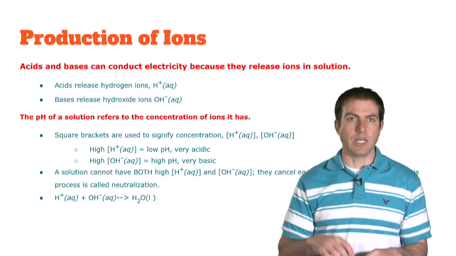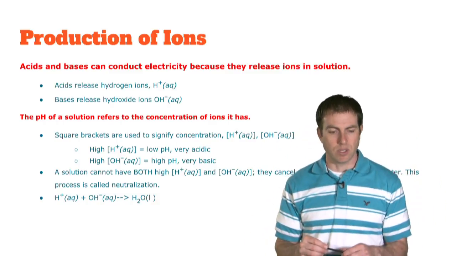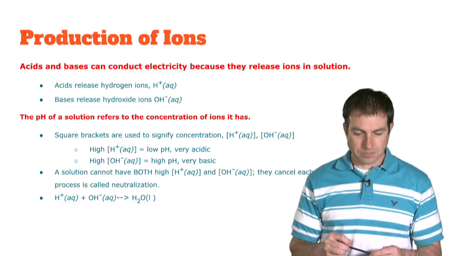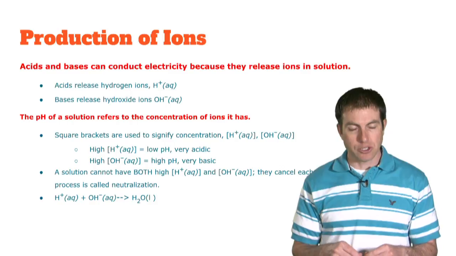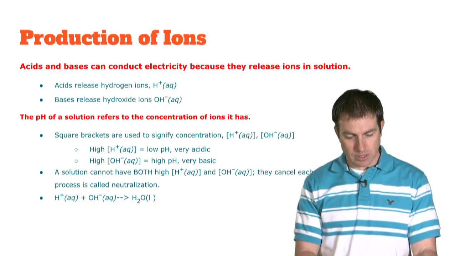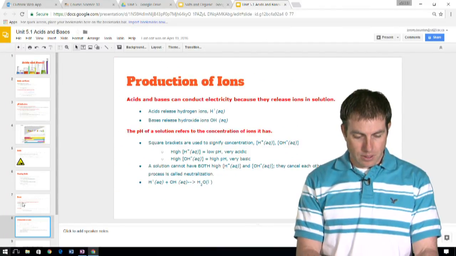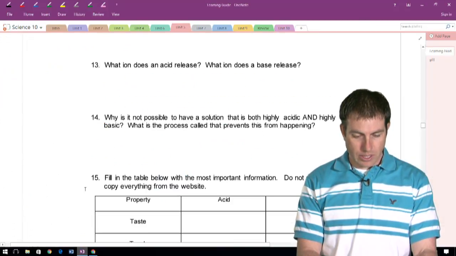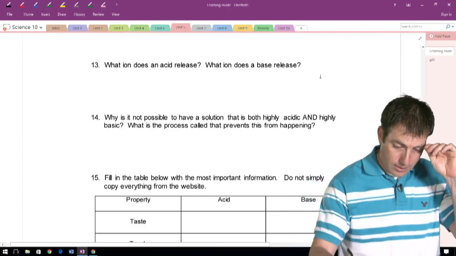Same with bases. The bases will have the hydroxide break apart from whatever it was combined with. So acids release hydrogen, H+, and bases release hydroxide, OH-. That's right. So hopefully that answers your question there, Eric. Was there anything other than that?